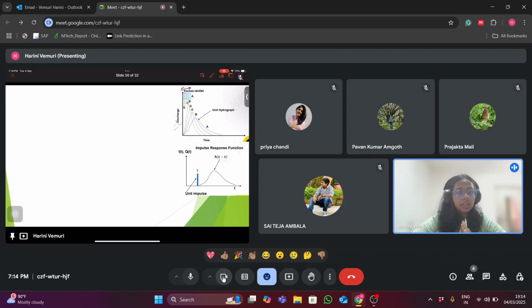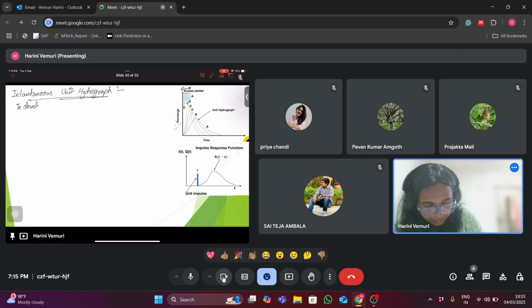In the case of the instantaneous unit hydrograph, if the duration of this excess rainfall is changing, the unit hydrograph is changing. So what we are trying to do here is that we want a unit hydrograph that is independent of the duration of excess rainfall.